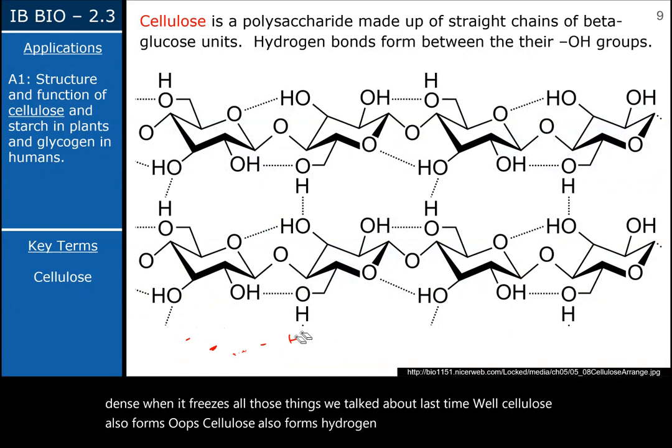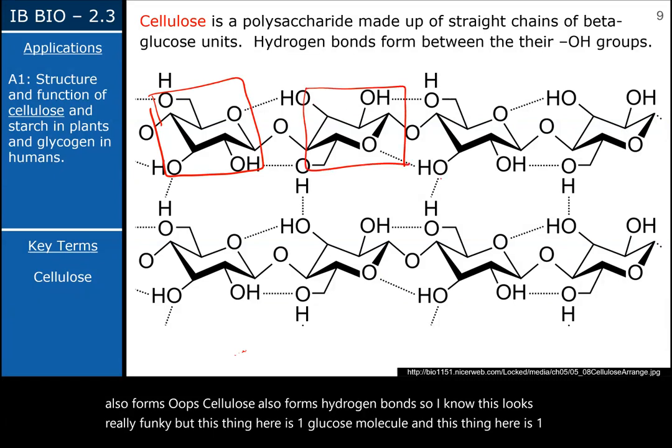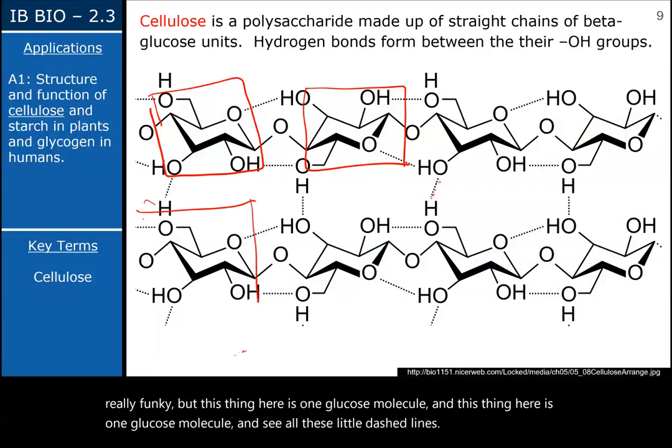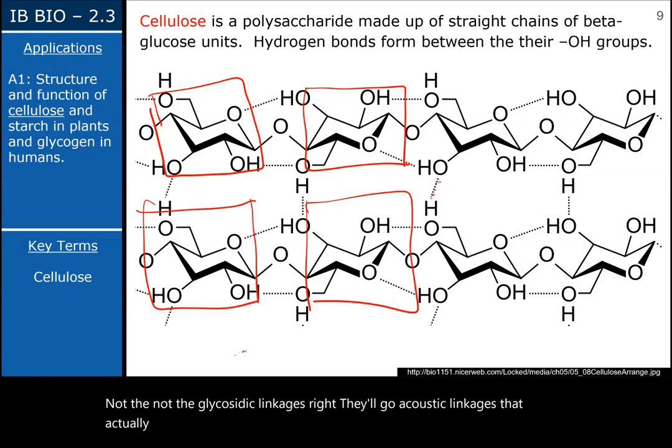So I know this looks really funky, but this thing here is one glucose molecule, and this thing here is one glucose molecule. And see all these little dashed lines, not the glycosidic linkages, right? The glycosidic linkages that actually hold the glucose molecules together is right here.